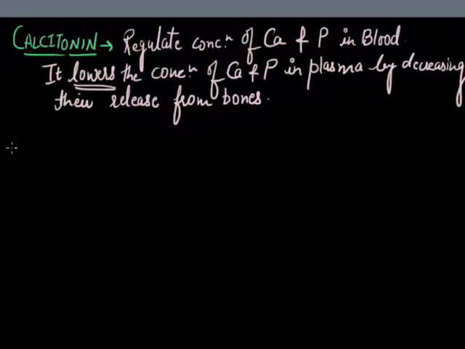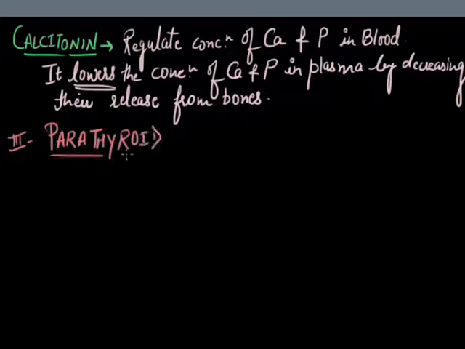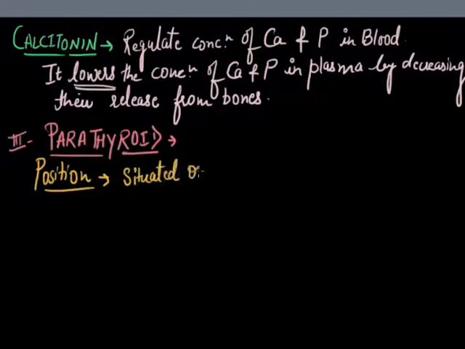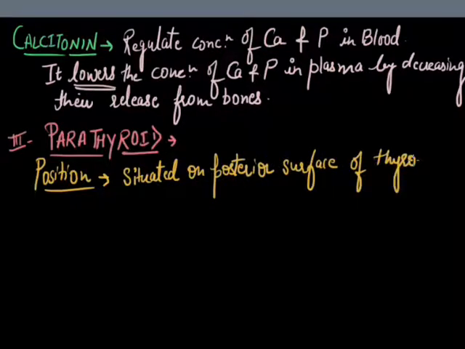Now we will discuss our third gland, which is the parathyroid. If we talk about the position, it is situated on the posterior surface of the thyroid lobes.